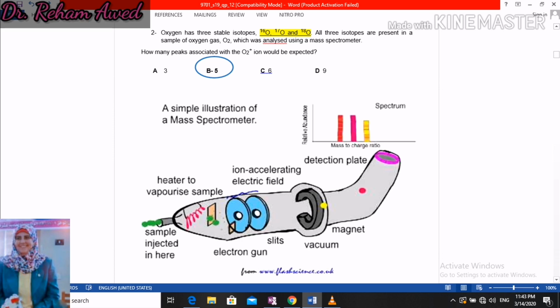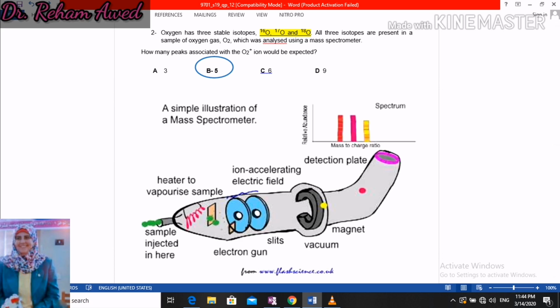After ionization, the particles will gain enough energy to start to move in the mass spectrometer. In the mass spectrometer, the sample will be affected by a magnetic field. The magnetic field will deflect the movement of the isotopes.